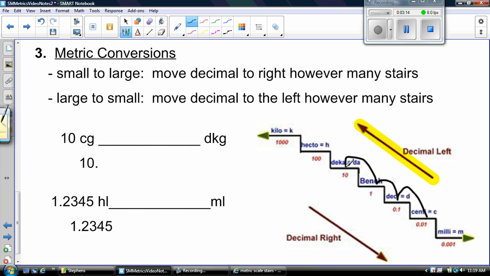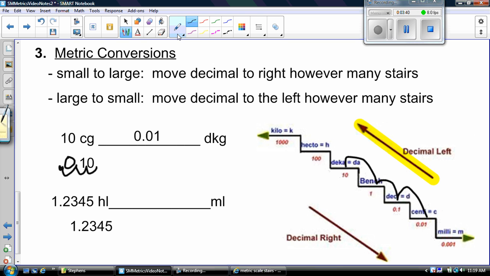So I'm going to move my decimal to the left 3 spaces. So I'm going to take my 10. Notice if it doesn't have a decimal, it's always at the end. I'm going to move it left 3 spaces, 1, 2, 3. And then I'm going to put my decimal there. I'm going to add a 0. Okay, and my answer is 0.01 decagrams.